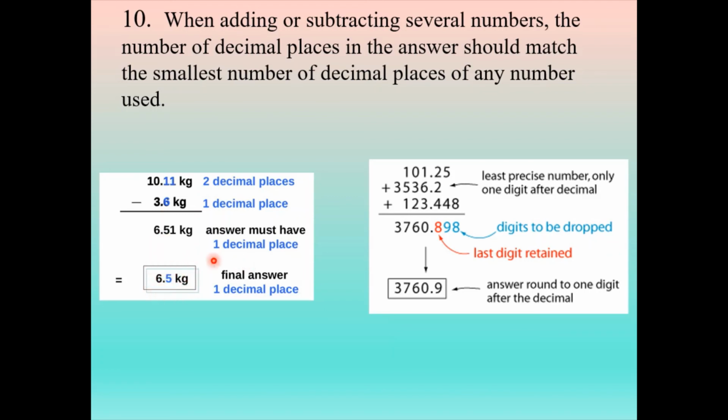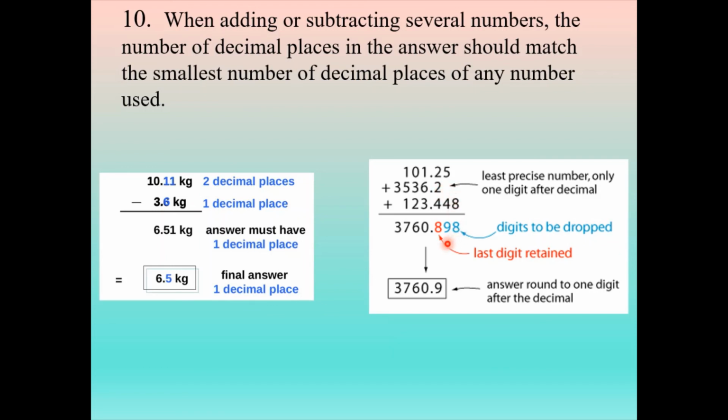That is our answer. Over here, we're adding three numbers, 101.25 plus 3,536.2 plus 123.448. On our calculator, we get 3,760.898. However, we have to look at the least precise number here, right? This number in the middle only has one decimal place.